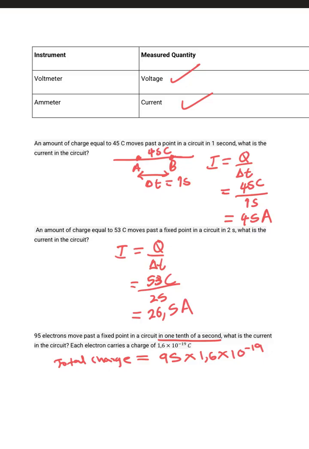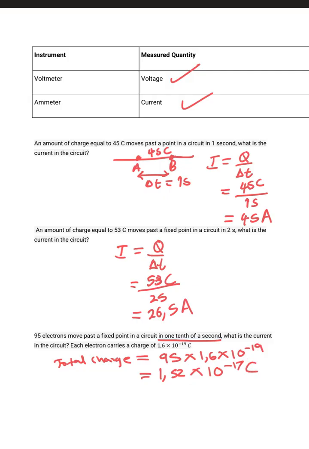Calculating this, we get an answer of 1.52 times 10 to the negative 17 coulombs.